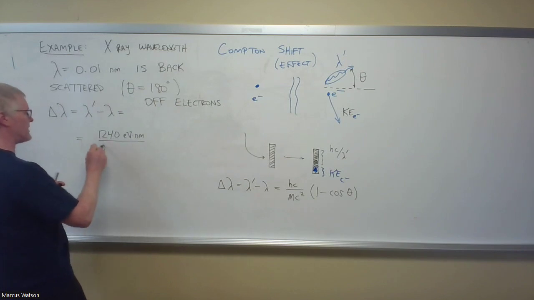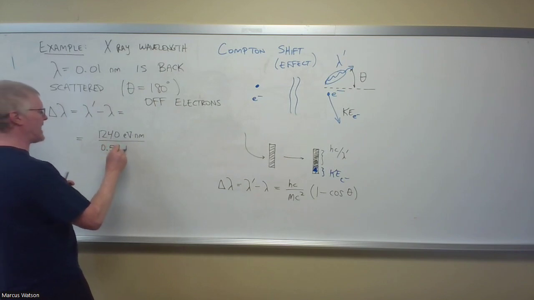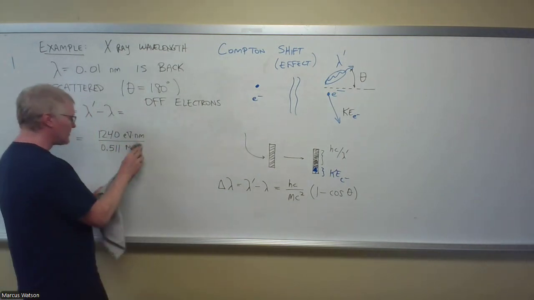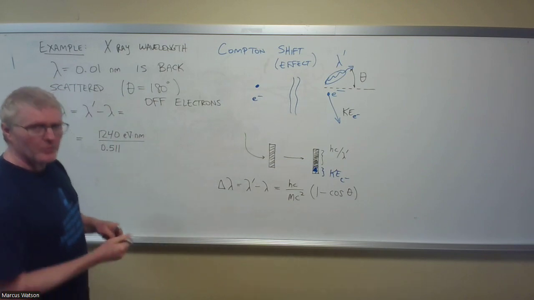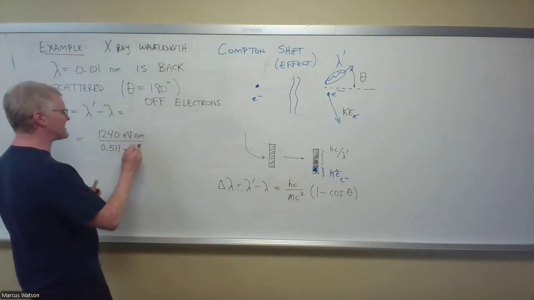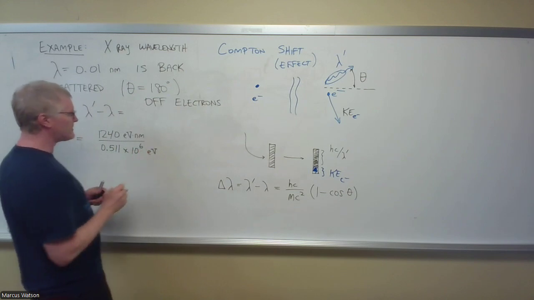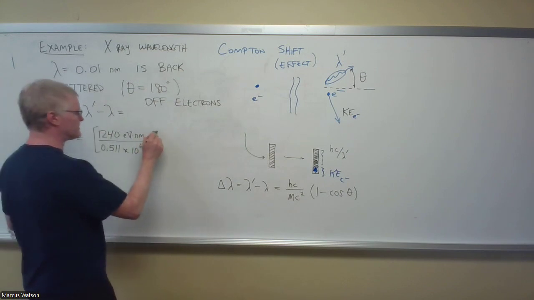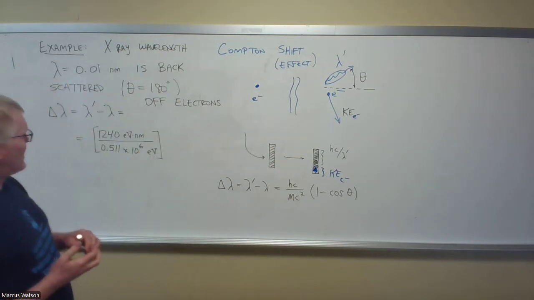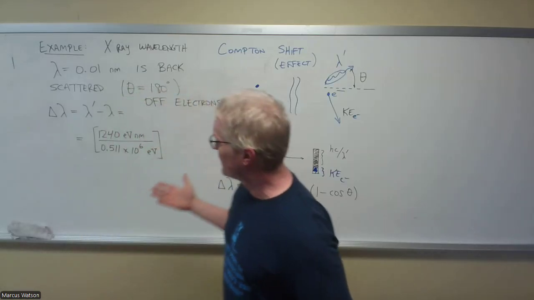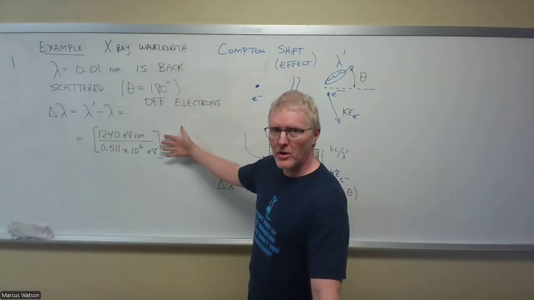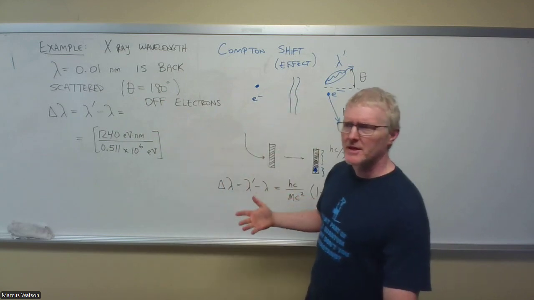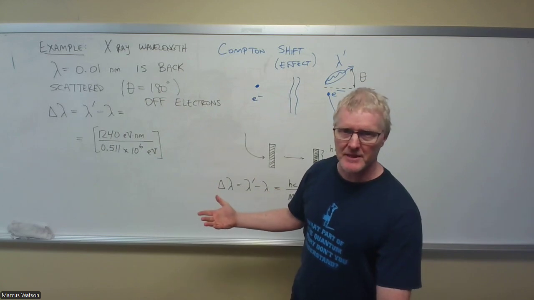MC squared for an electron is, as I remember it, 0.511 MeV. Which means that it's 0.511 times 10 to the 6th eV. And that's going to give rise to a fairly small factor out front here that basically determines the size of the wavelength shift.